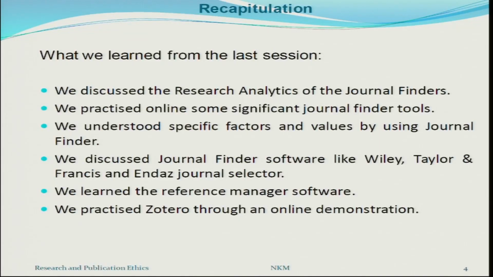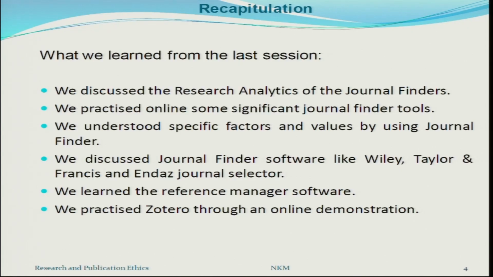Before we move ahead, let's take a recap of what we did in the last session. We discussed the research analytics of the journal finders. That was a very interesting discussion. In that we understood how to evaluate journals in terms of different factors like indexing, impact factor and time duration.